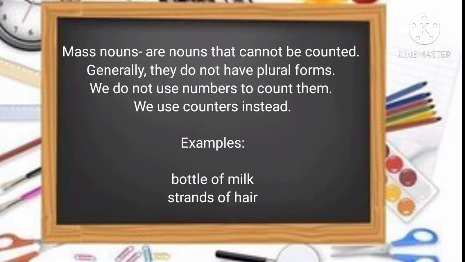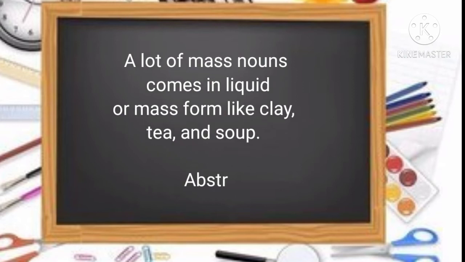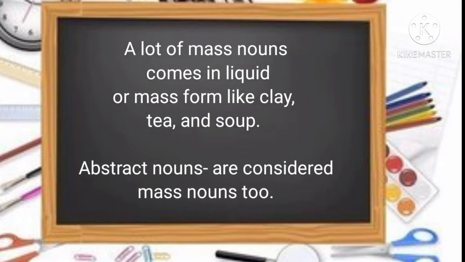Second example is strands of hair. So the strands is the counter and the hair is the mass noun. A lot of mass nouns come in liquid or mass form like clay, tea, and soap. Abstract nouns are considered mass nouns too.